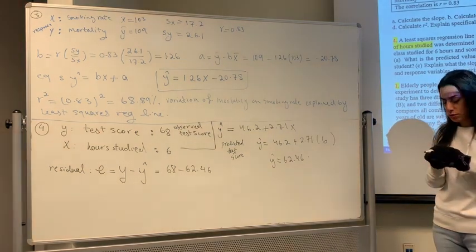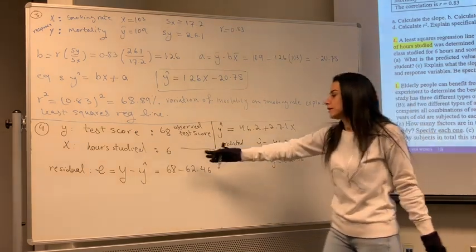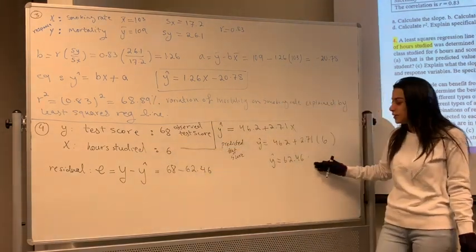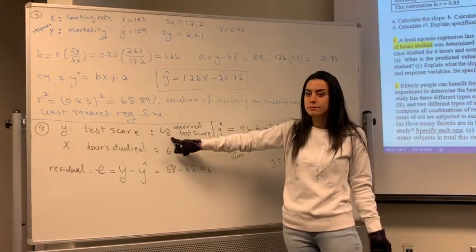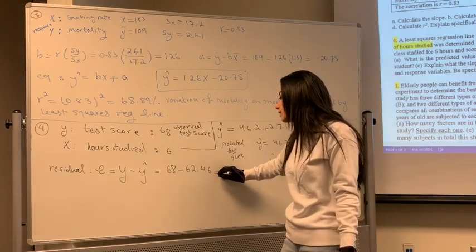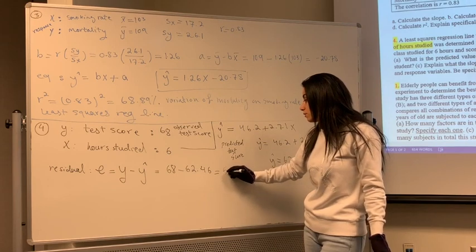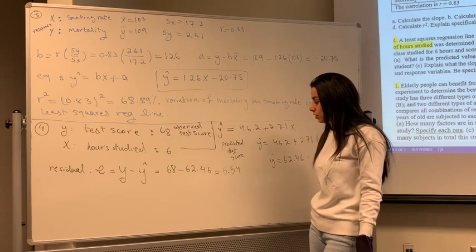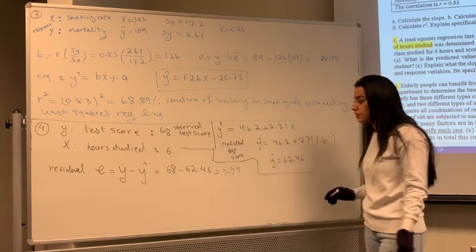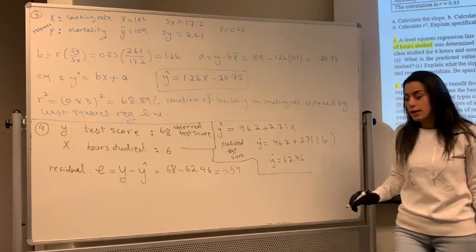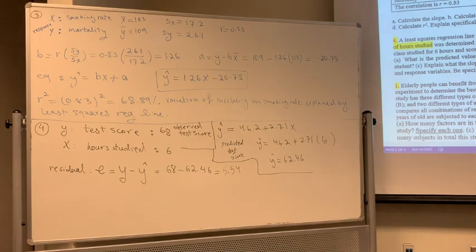So for this much study, he should get this test score, but obviously he did better on the exam, correct? So the residual or error is positive. What is that? 5.54. Correct? Yes. And so this point on a scatter plot will be above the least squares regression line.